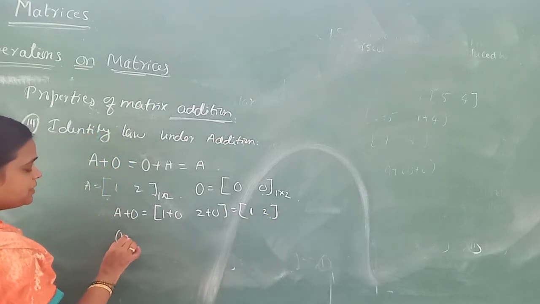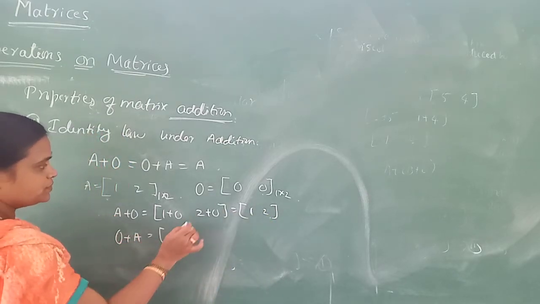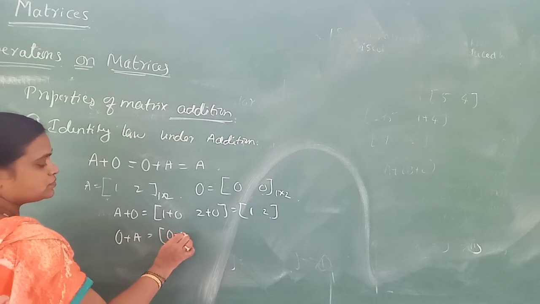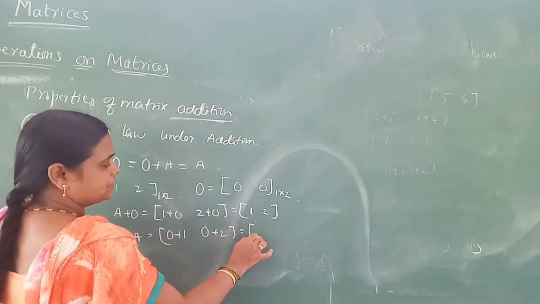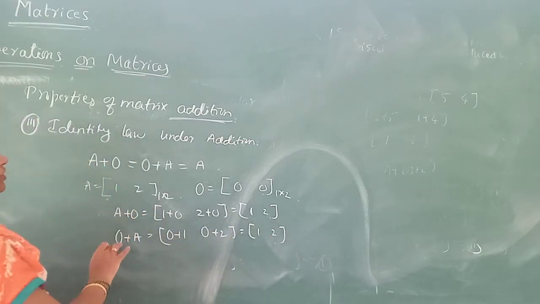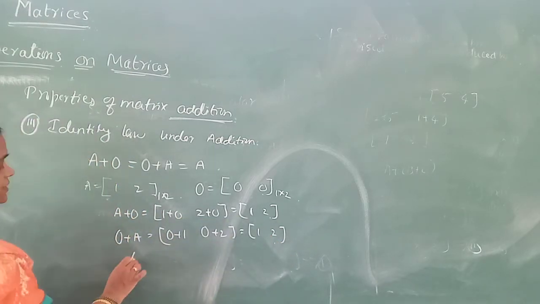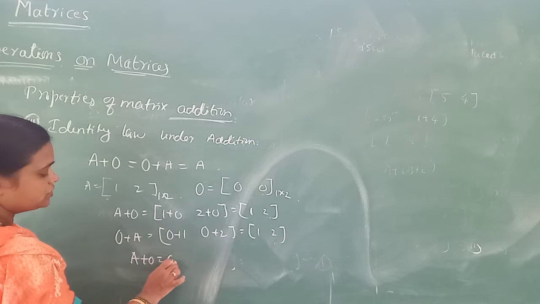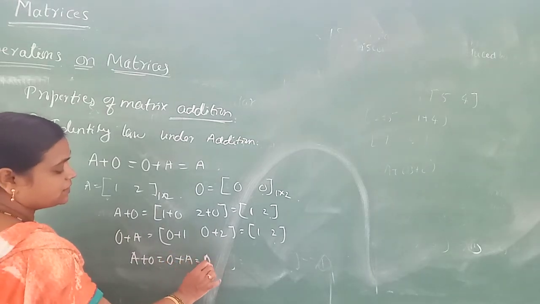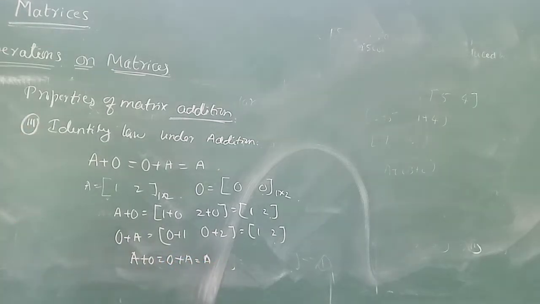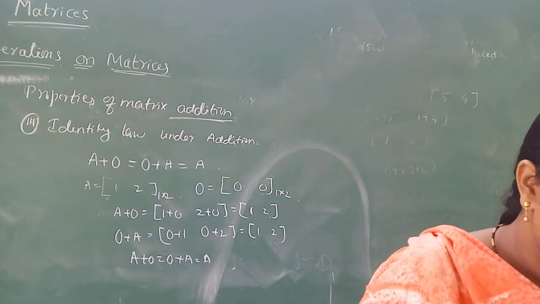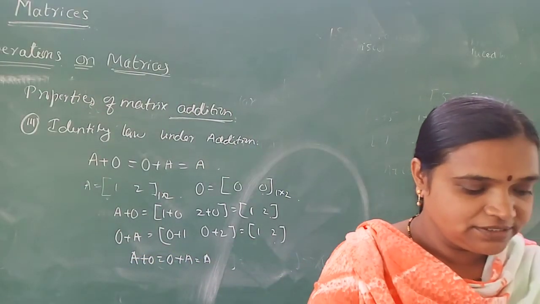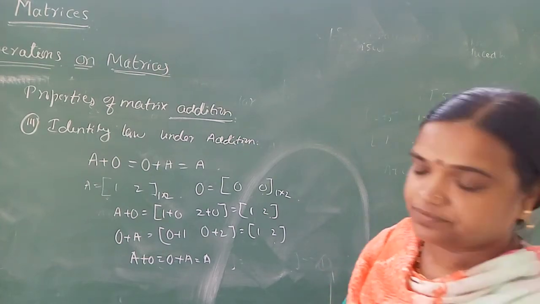Next 0 plus A, reverse form: 0 plus 1, 0 plus 2, again it is [1, 2]. Since both are the same, A plus 0 equals 0 plus A is A. Since it is the identity law under addition, 0 is the identity matrix.